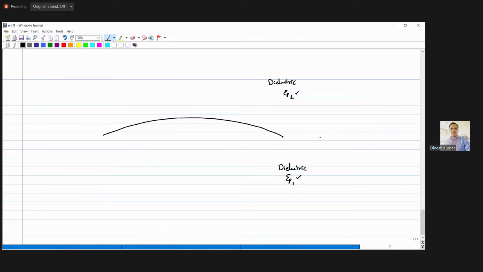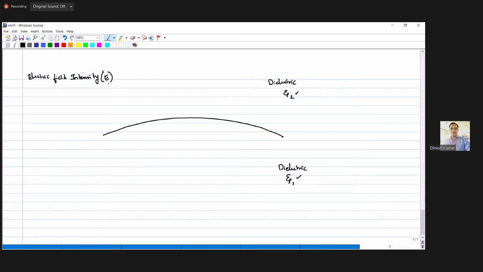Now first of all I'm going with electric field intensity. I'm going to derive the boundary conditions for E, which is nothing but the electric field intensity.